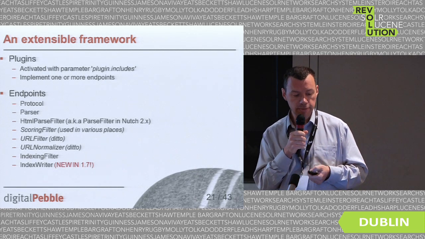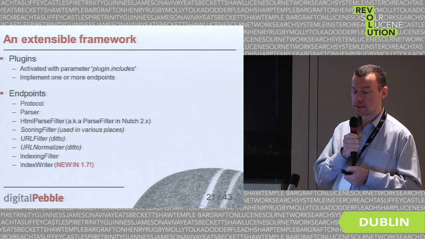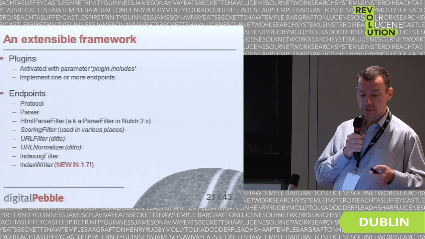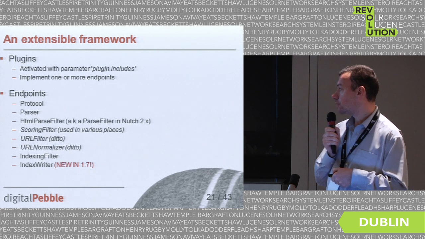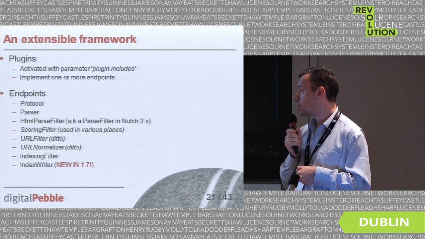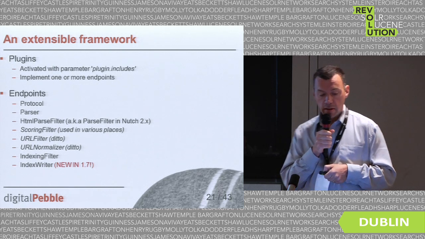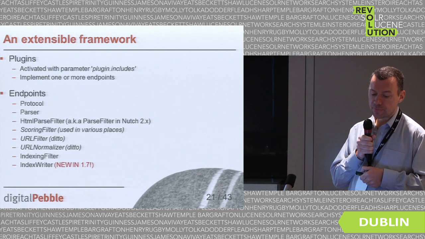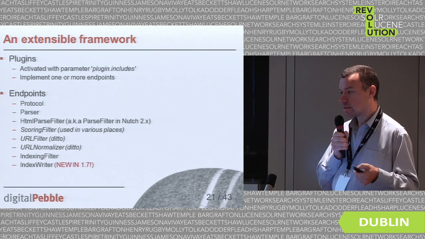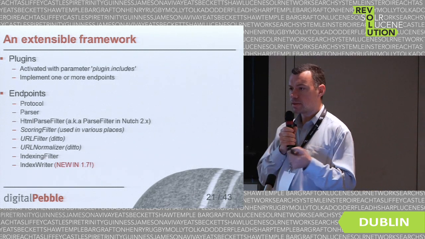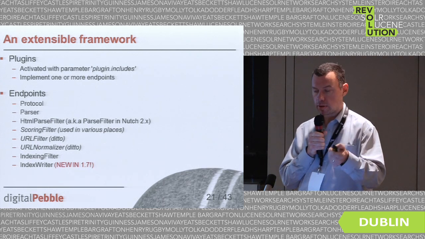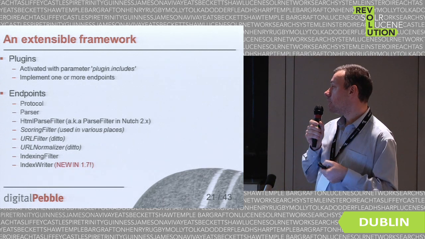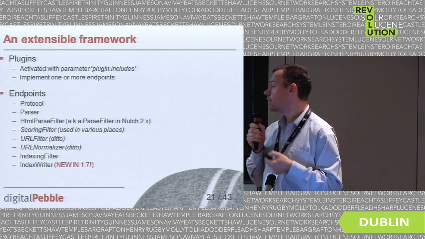Same for the parsers. One which is pretty useful when people customize Nutch is the HTML parse filter, which has a slightly different name in Nutch 2.x. It's called a parse filter. That is called after the parsing. We have primary parsers in Nutch, which convert from the binary content, extract the text and metadata, and they also generate a DOM representation of the document.